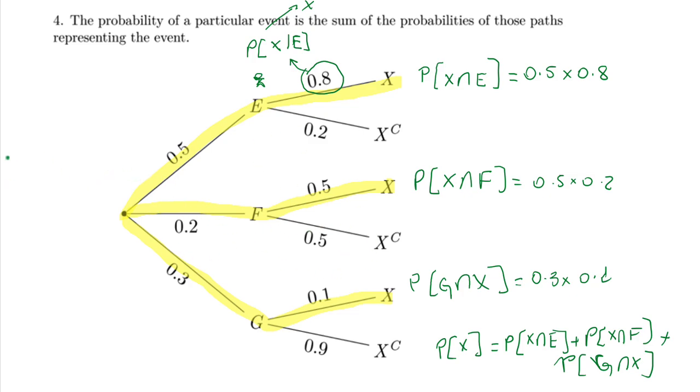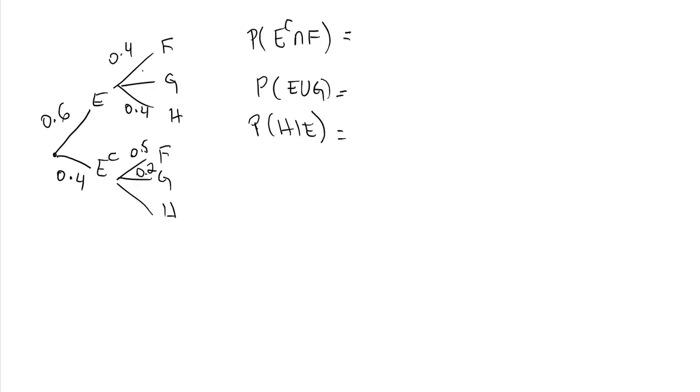And that's it. I know that's lots of information, but once you master these properties of the tree, lots of exercises will be very much faster and easier to solve, okay?